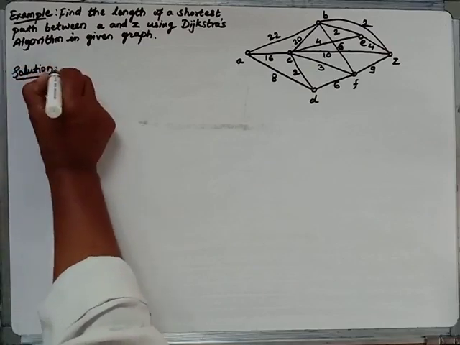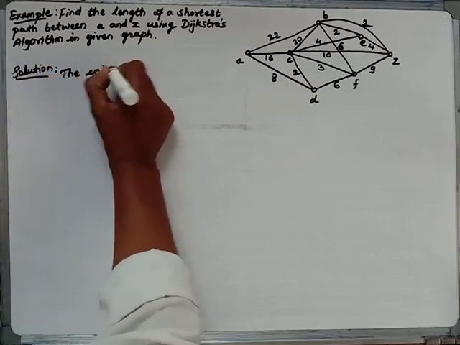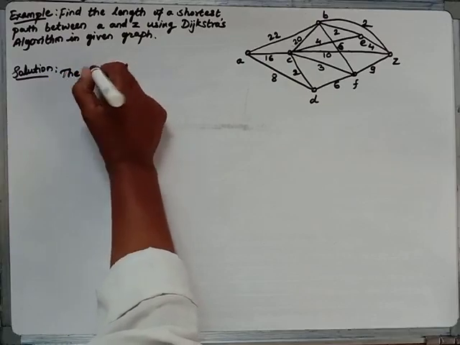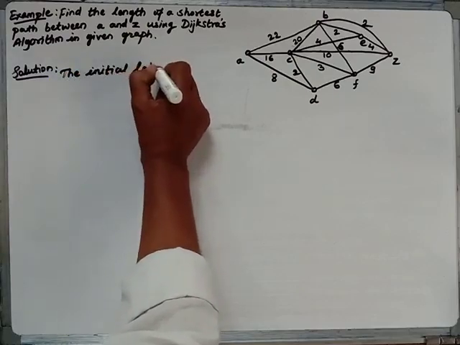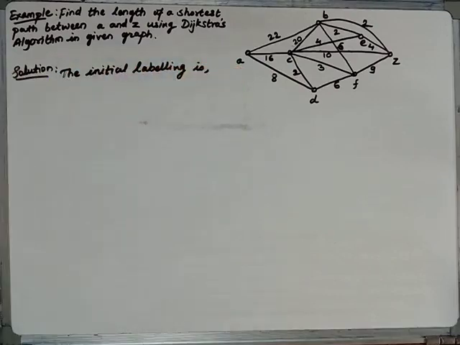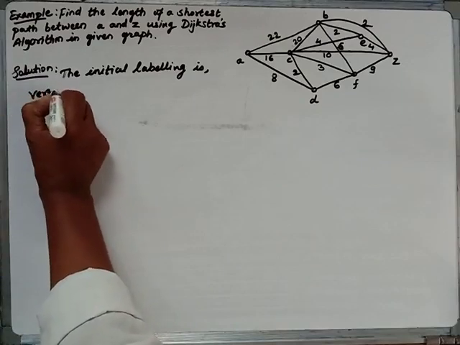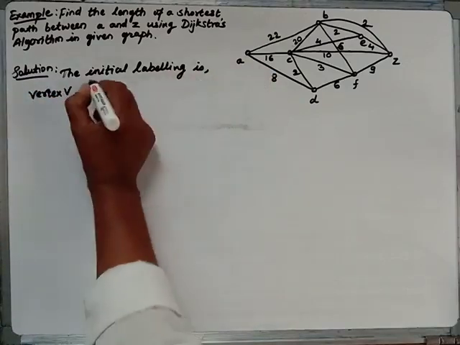For this, first the initial labeling. What was the initial labeling? Obviously you know it: vertex V. What are the vertices?